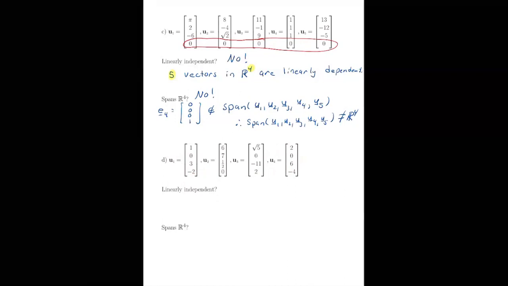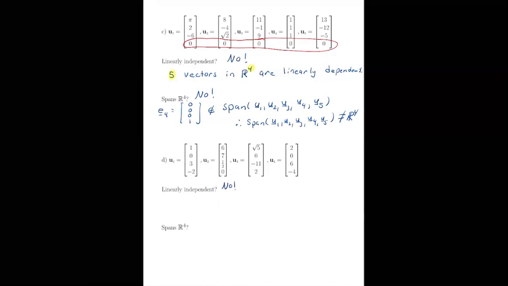That's okay, as long as at least one of the coefficients is non-zero. So what we found is that this vector is a linear combination of the others, which says that this set is linearly dependent. One of the vectors is a linear combination of the others. So the answer here is no.